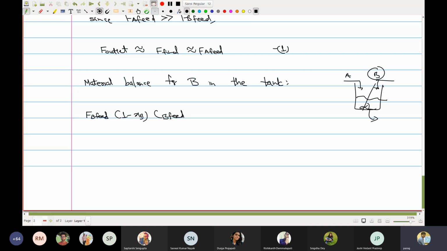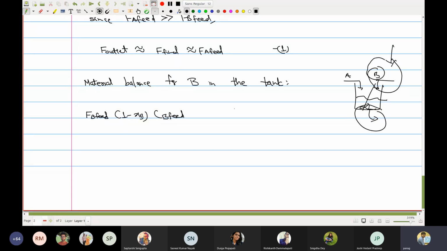So this is the amount of B which is coming in from here. How? The volumetric flow rate of B, but only the 1 minus XB fraction is coming in, multiplied by concentration.